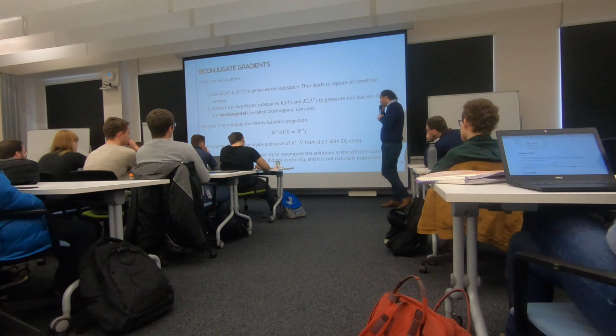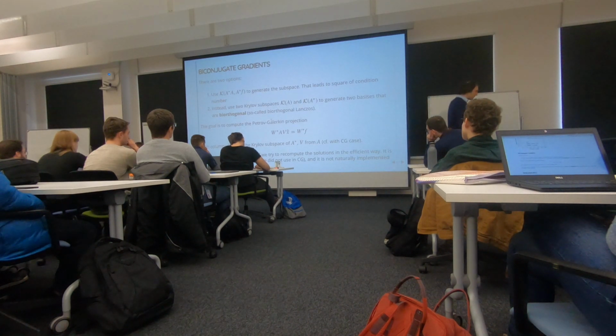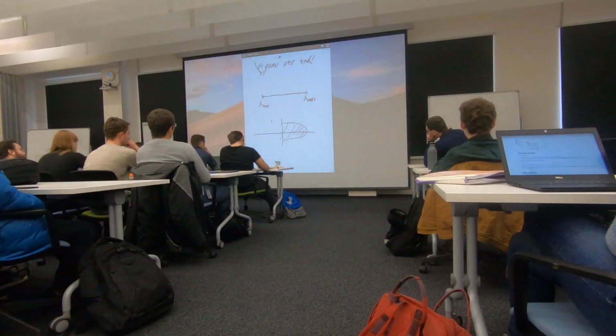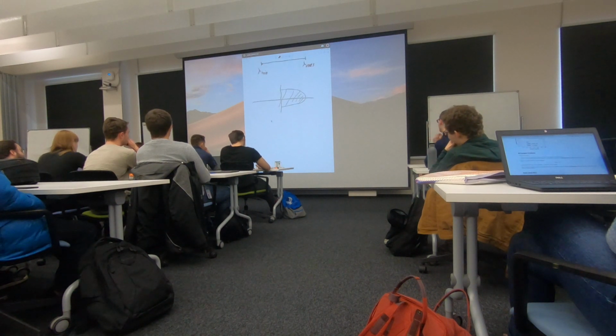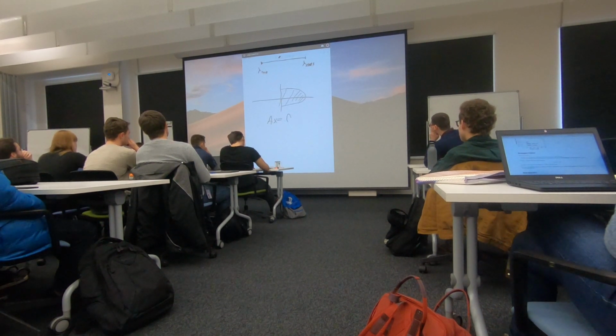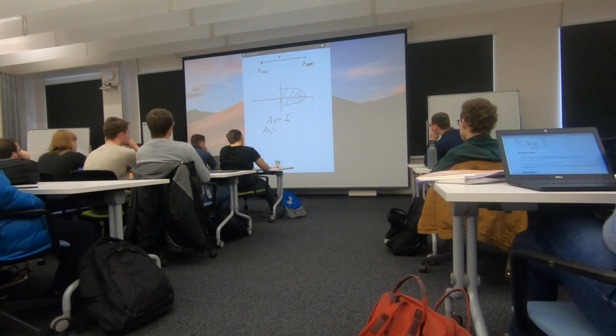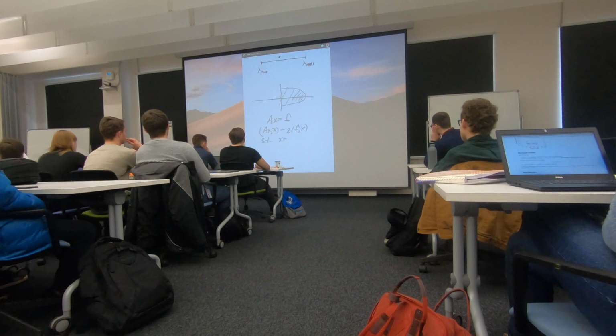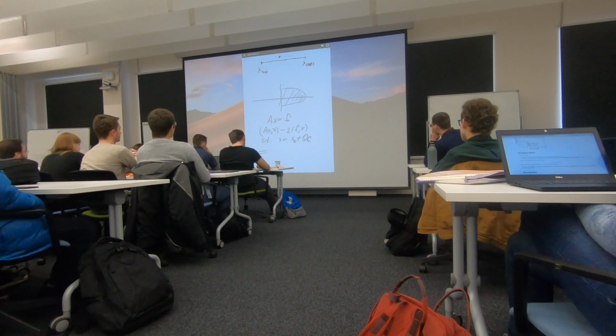And then, what we had for the symmetric case. For the symmetric case, we had the Galerkin projection, right? We had AX equals F. We minimize X star AX minus 2 F star X subject to X equals X0 plus QC, and we get this Galerkin projection.